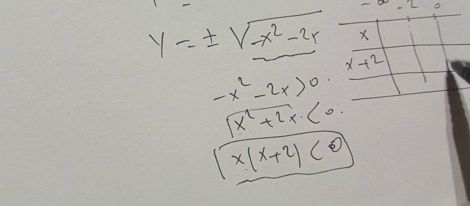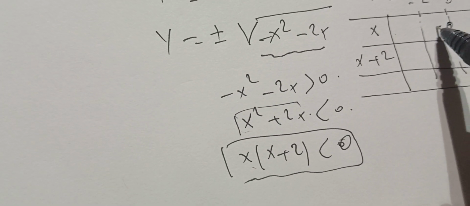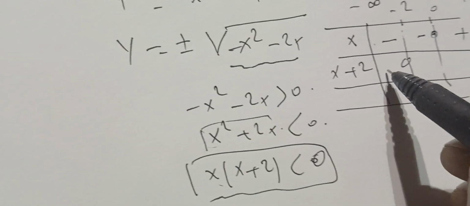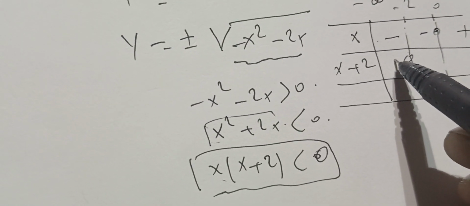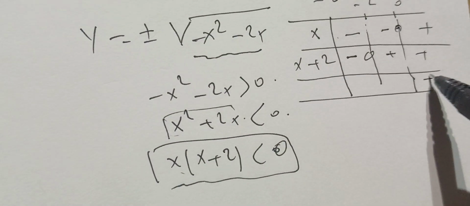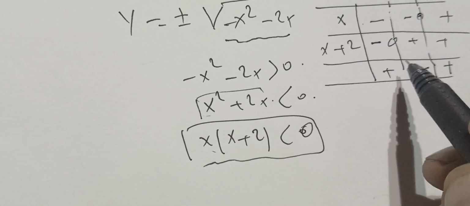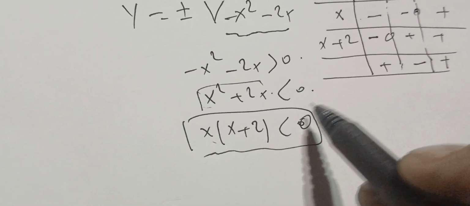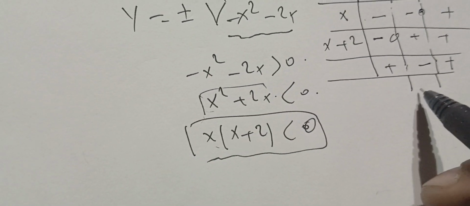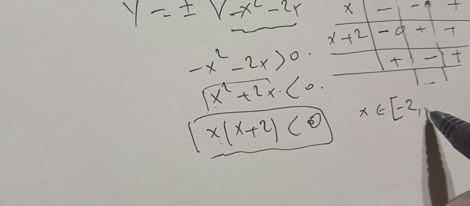When x is less than 0, you have negative values. When x is less than minus 2, we have negative values. We multiply here, we get plus, minus, plus. We are interested in the set of values that would make this less than 0. So it's here. So x is in this set, minus 2, 0.